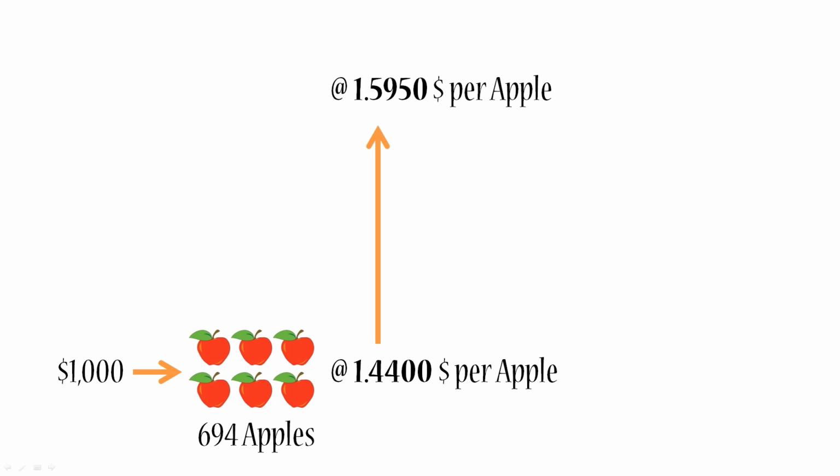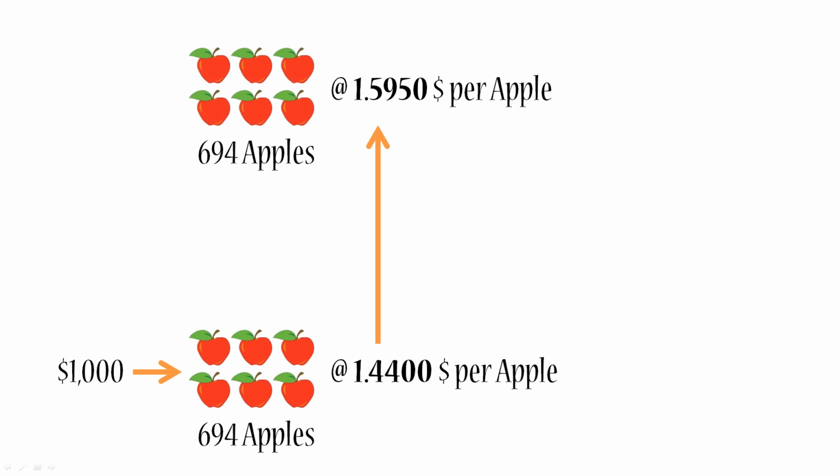Next, he waited a certain number of days until the price for apples grew to $1.5950 per apple. And at this point in time, he still has 694 apples. What he did with these apples next is he sold them at the new price. And in return, he got $1,107.